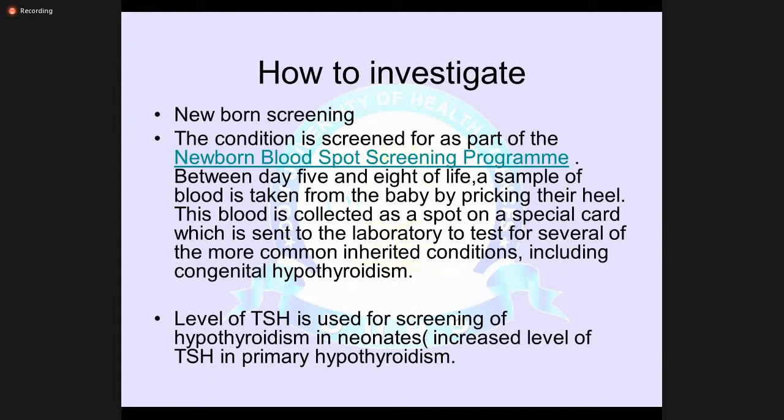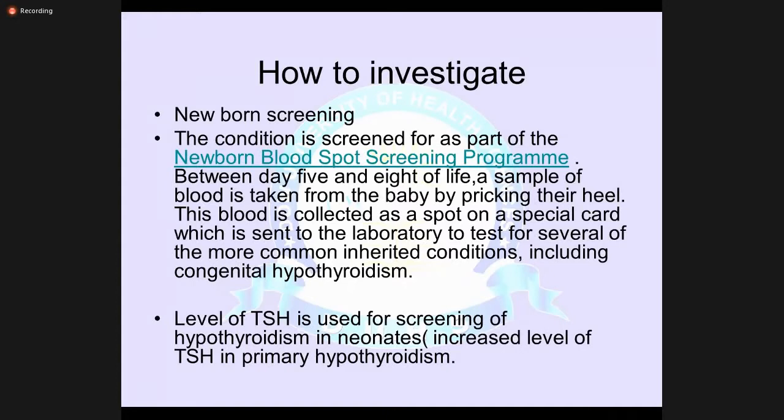So when the thyroid gland is not producing thyroxine, it will give feedback to the anterior pituitary that there is deficiency of thyroxine. So the anterior pituitary, in response to that, will produce more thyroid stimulating hormone, so that the thyroid gland may start working. So if you see thyroid stimulating hormone level increased, then you may suspect that this is a case of primary hypothyroidism, because the thyroxine is not being produced, it gives feedback to the anterior pituitary that thyroxine is deficient.